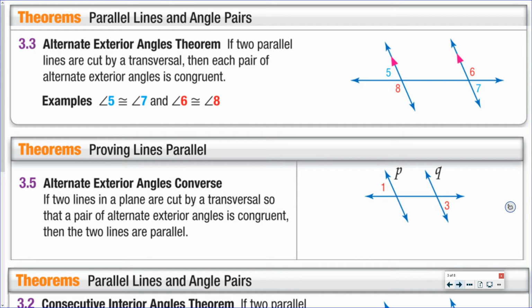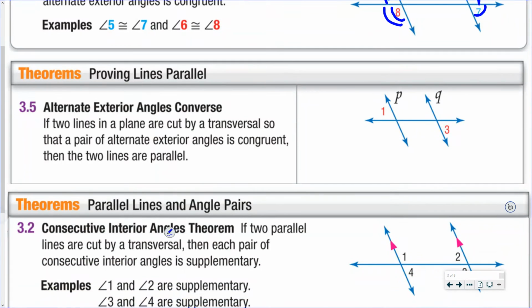What do we know about alternate exterior angles if the lines are parallel? Those are congruent, right? So if the two lines are parallel, alternate exterior angles, such as in this picture, 5 and 7, 6 and 8, are also congruent.